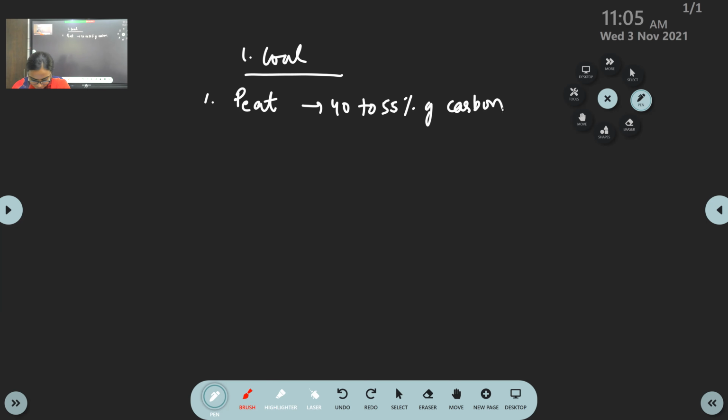Produces less heat, and emits more smoke and ash.